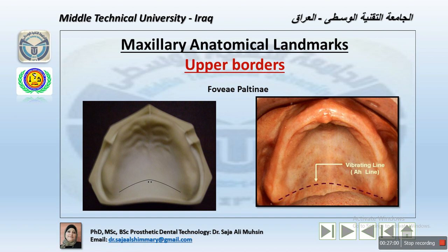Otherwise, the patient may have a gag reflex, or sometimes the sense of breathing will be affected, and the soft palate does not work well, leading to suffocation or sometimes problems in swallowing, because this leads to paralysis of the soft palate. And the location, as I mentioned previously, is 1 to 2 millimeters behind the vibrating line or area.